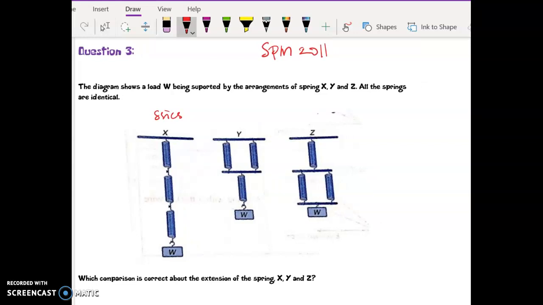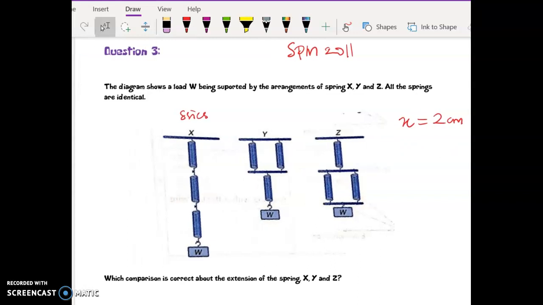For example, one spring will extend by 2 centimeter when a load of W is attached to it. X, Y, and Z are attached with an identical load, probably 2 Newton or 3 Newton, but it doesn't matter. So here you can calculate one by one.